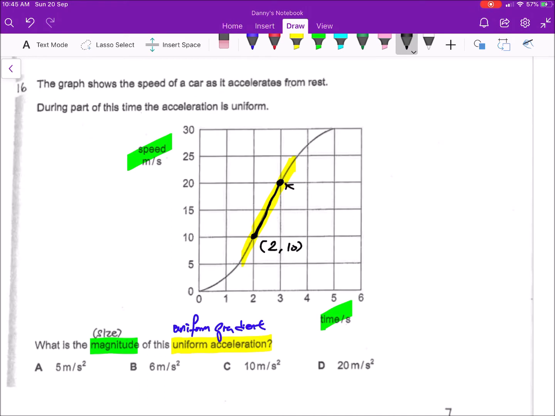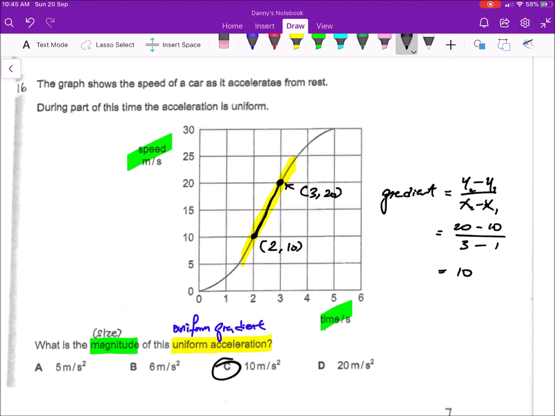If I read this coordinate, it will be 3, 20. So to find your gradient, I would apply the formula y2 minus y1 over x2 minus x1. Now I just need to substitute the numbers inside, and I would get the answer 10. So that's how I solve the question.